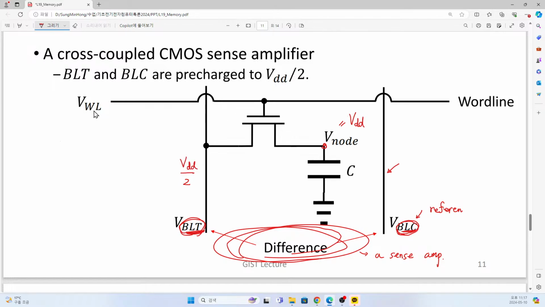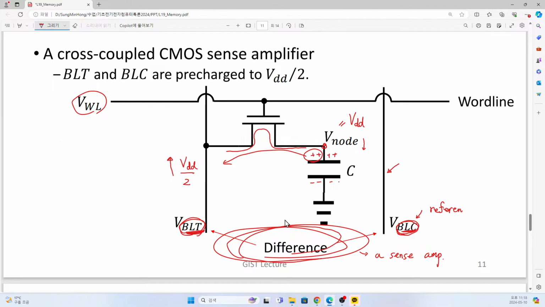And when this word line voltage is highly applied, then these two nodes are connected, and because this VDD is higher than half VDD, some of our stored charges are moving into that part, increasing the BLT voltage and also reducing this node voltage. Okay, that is quite simple.